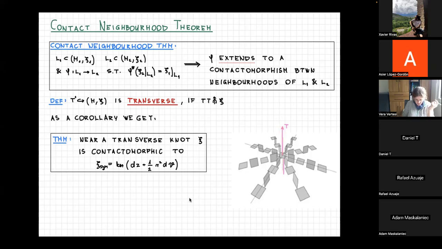Here you can see that the contact structure is not tangent to it, and what you get from the contact neighborhood theorem is that near a transverse knot, the contact structure is always contactomorphic explicitly to this contact structure, the one which is drawn here.